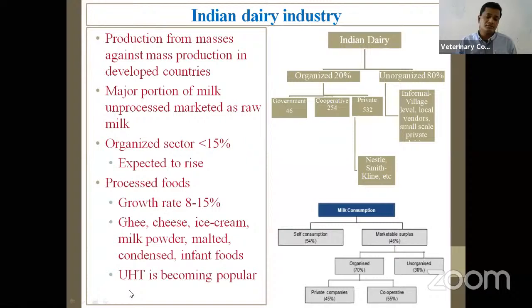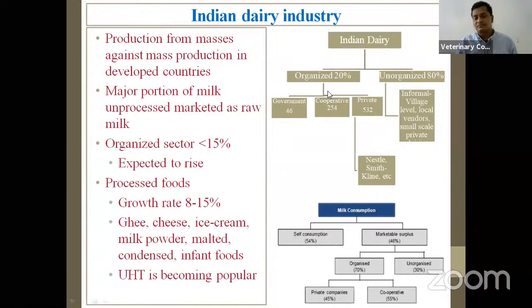And there is technology today to produce such a product easily in the dairy milk processing plants. You can see on the right hand side the share of organized and unorganized sector. The majority of Indian dairy is unorganized, 80%. It is the informal sector. The milk is produced in the villages and invariably consumed locally, or about half of it is sold as excess surplus and enters the documented formal chain.